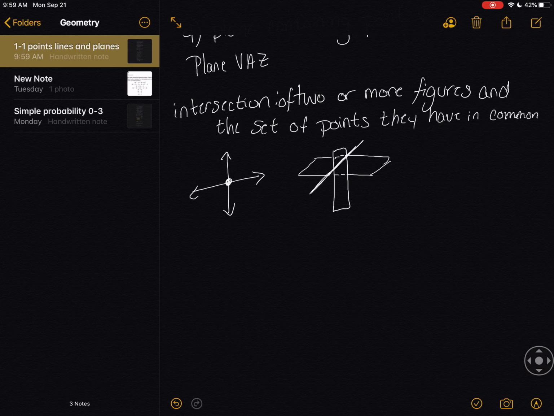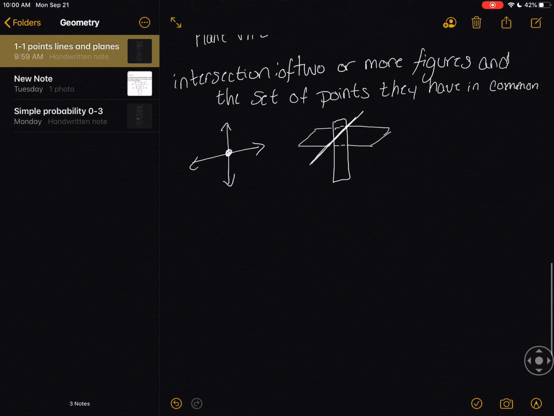The next terms, let's see here. So these, remember, were all kind of undefined terms, because it's just what we use to describe things. So that's what is considered an undefined term. So this next few are going to be what's considered a defined term. So that one would be like space.